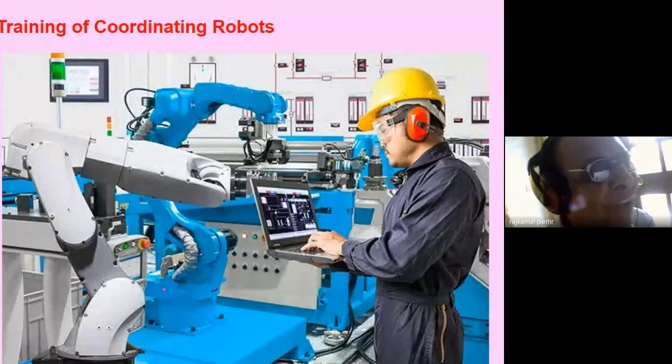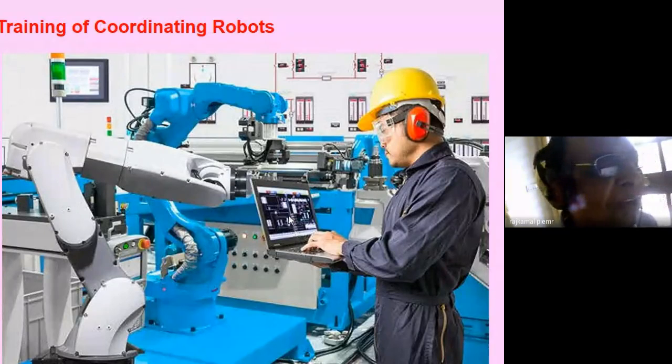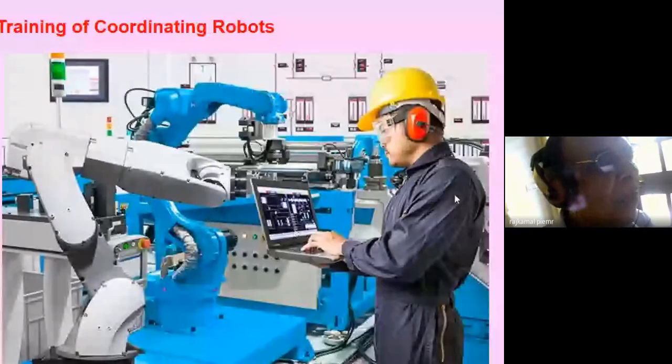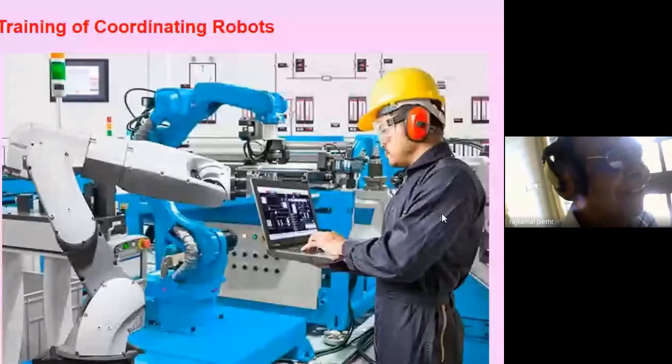So the robot is working just like a child looks into a desktop or a laptop. Both of them are operating, and this co-worker is giving instructions to the robot. So this robot is being trained by this co-worker, and it is trained to give commands to another robot to do precision machining and so on. So these systems have become reality in Industry 4.0.